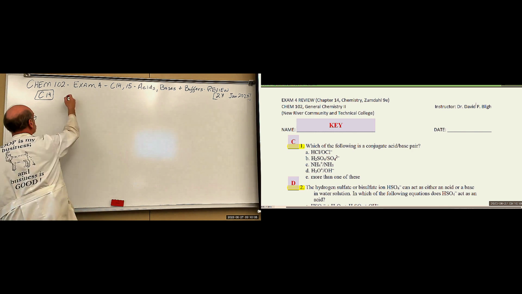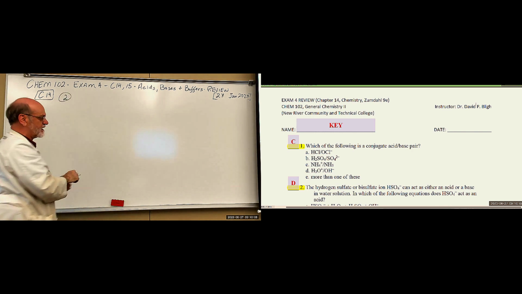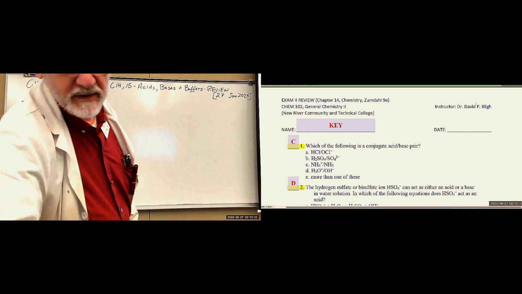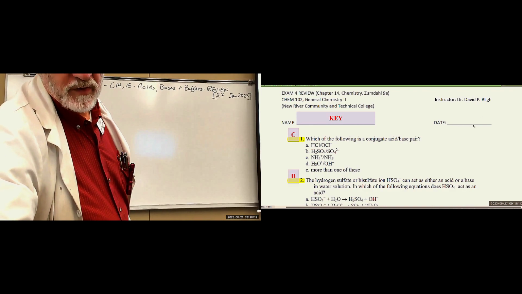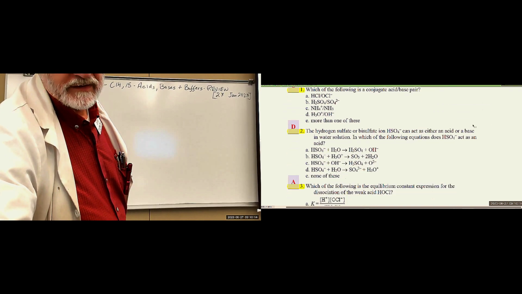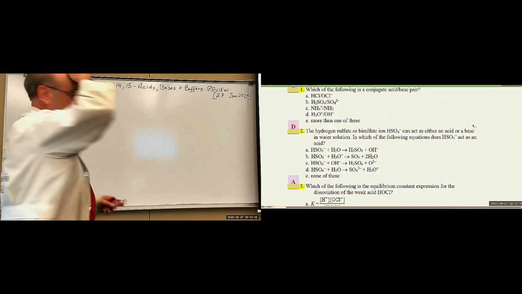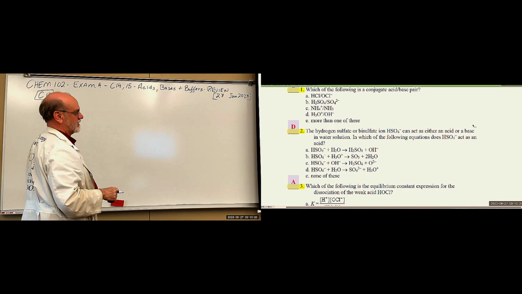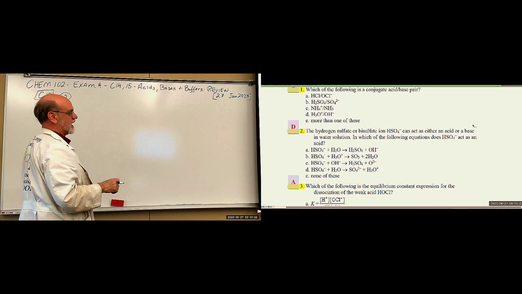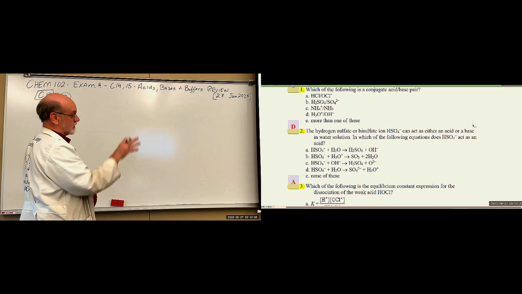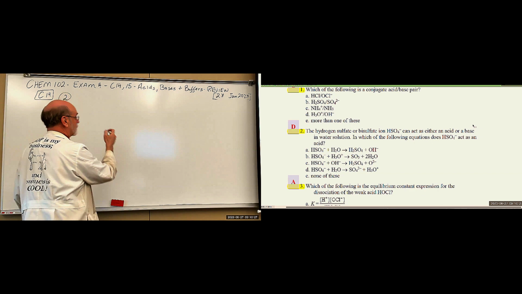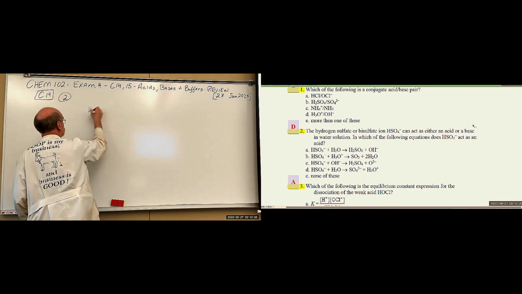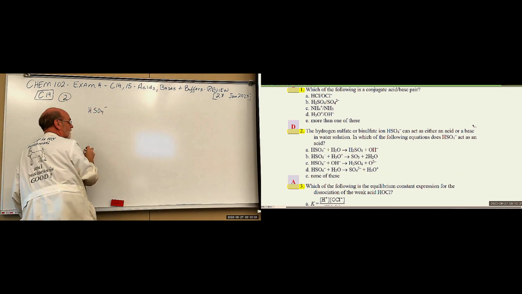All right, number 2, I think. Let's see, I'm gonna have to scroll this one. I'm not even gonna bother with my magic wand. It never works on these things anyway. The hydrogen sulfate and bisulfate ion can act as either an acid or a base. Those are 2 different names for the same molecule, HSO4 minus.